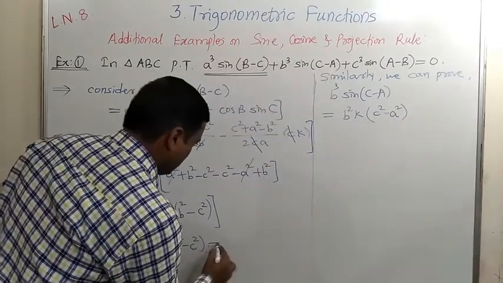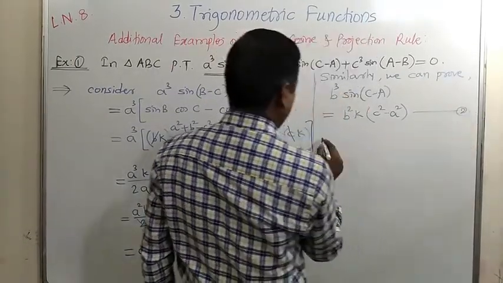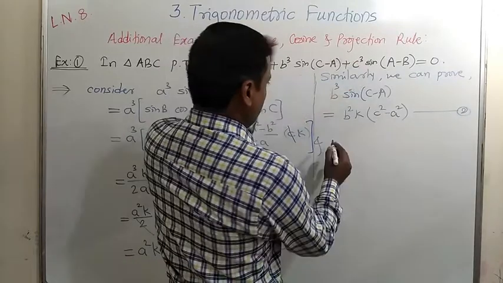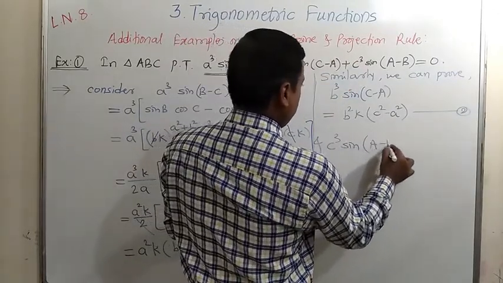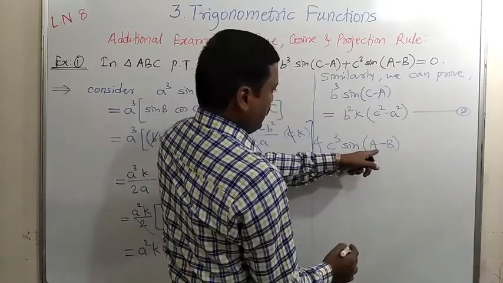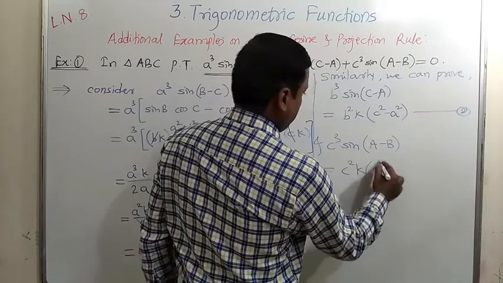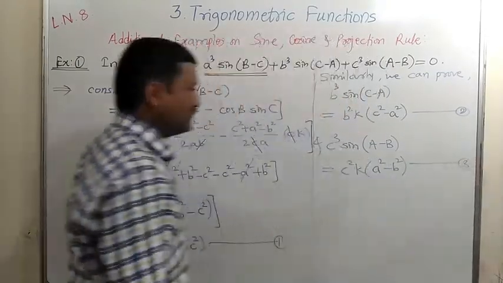Consider this as result 1 and this as result 2. And the last term, C cube into sine of A minus B, is equal to C square K in bracket A square minus B square. This is result 3.